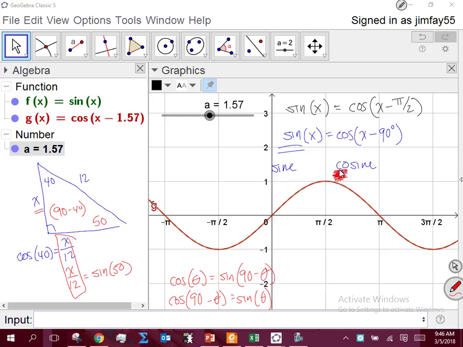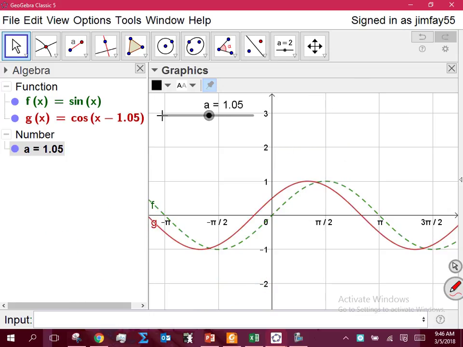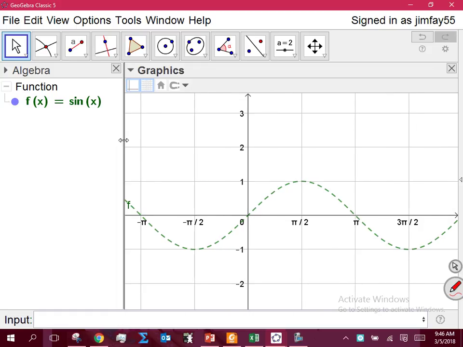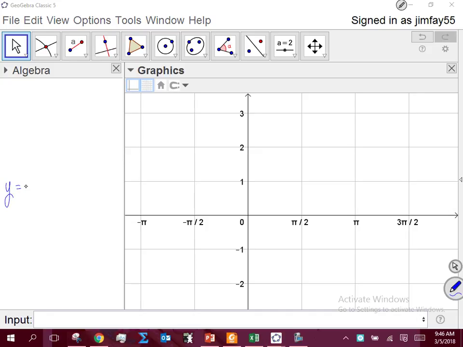All right, so let's get into a little bit more interesting stuff. I want to show you the approach that I think is useful for you as you're doing this stuff. So for instance, I want to graph right now y equals sine of x minus, we'll do an easy one, pi over 4.